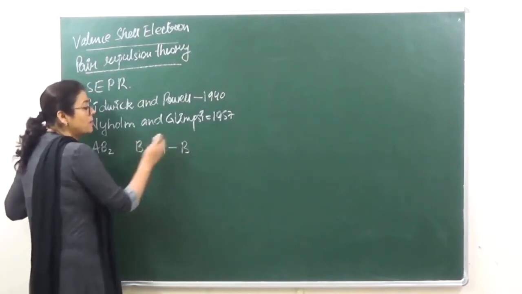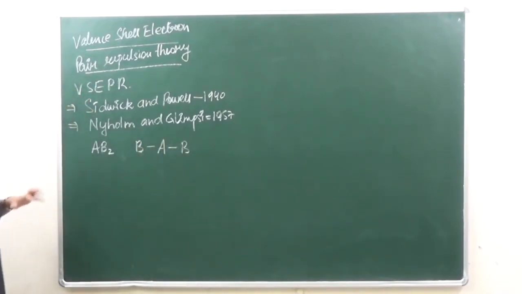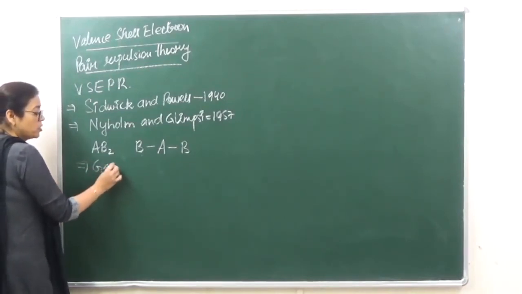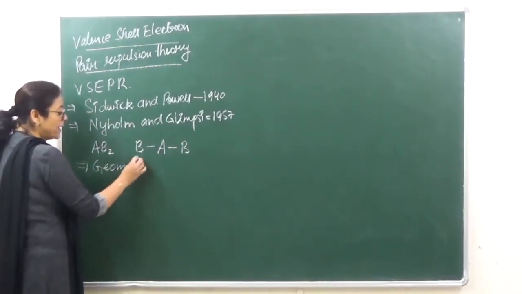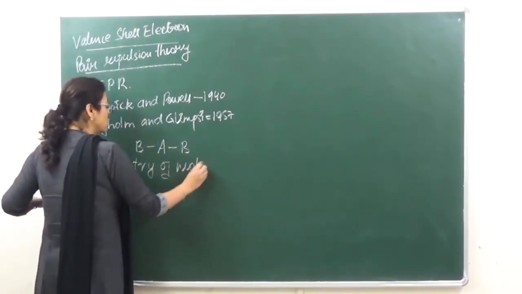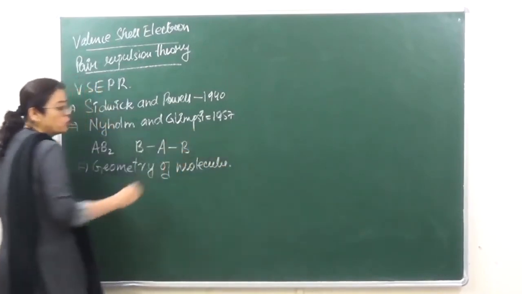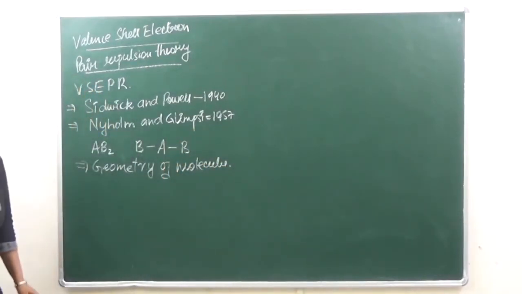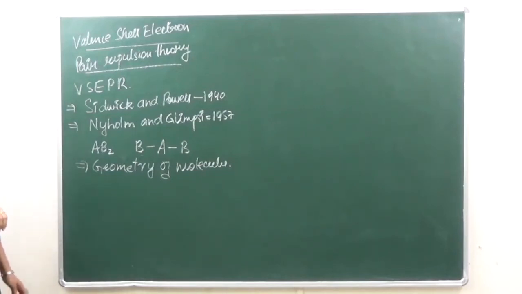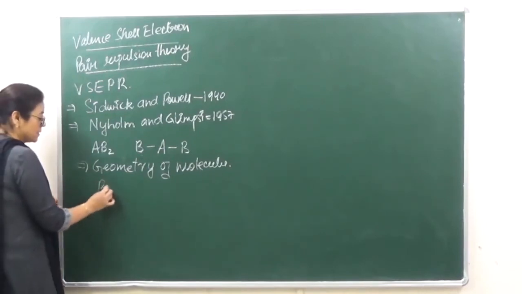So this particular theory was the first theory which satisfactorily explained to us the geometry of molecules. Okay? Now, in order to explain this, you just write down the postulates of this theory. Main postulates.